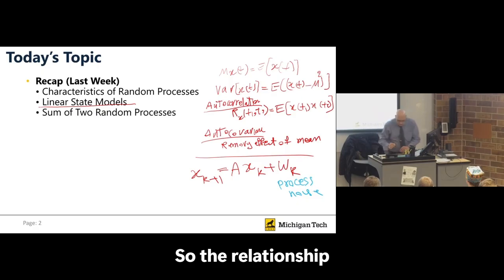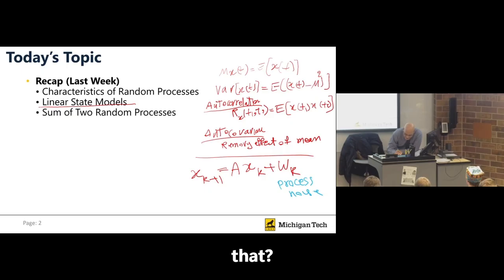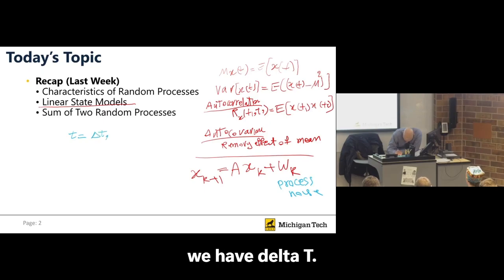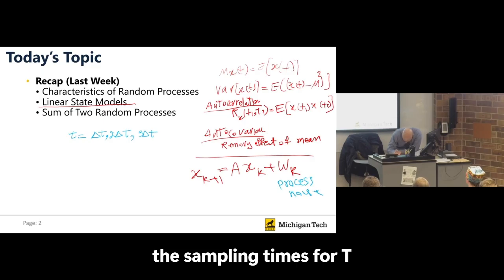So the relationship between k and t is that we have delta t, 2 delta t, 3 delta t. This is the sampling times for t, coming from that to k delta t.